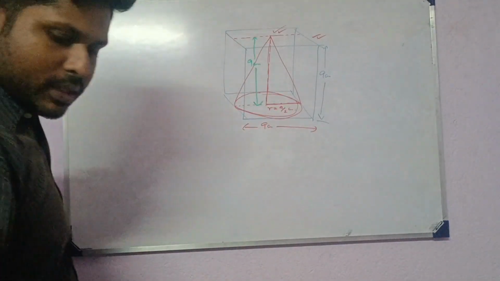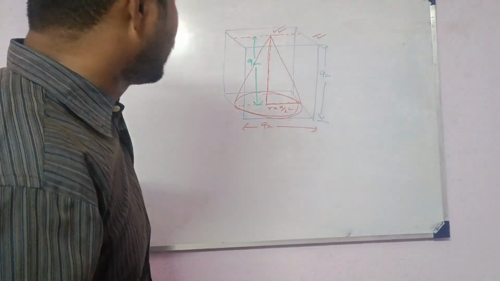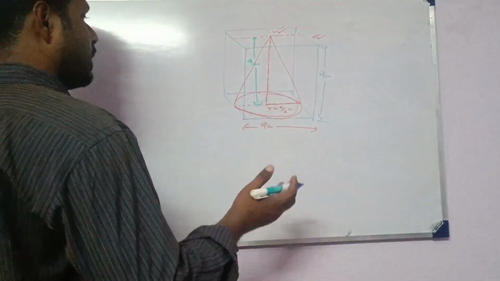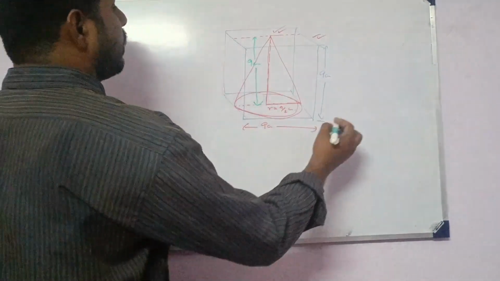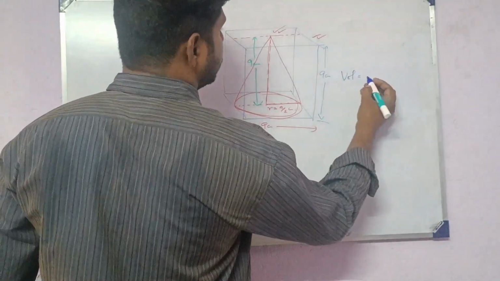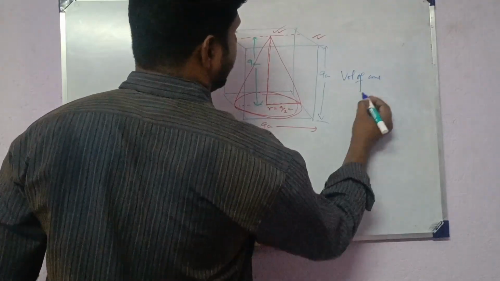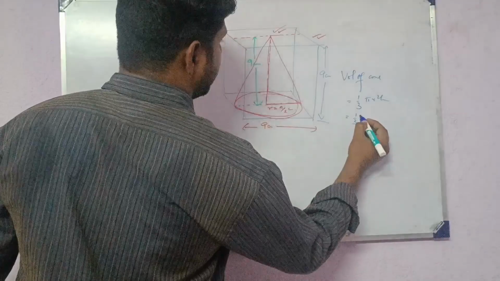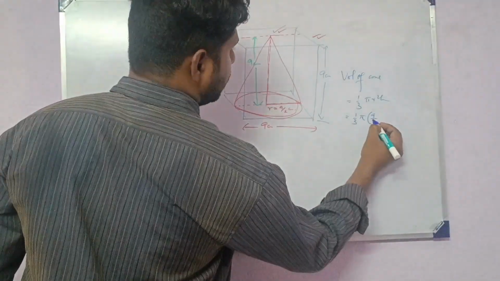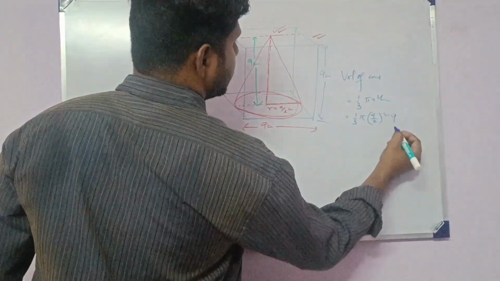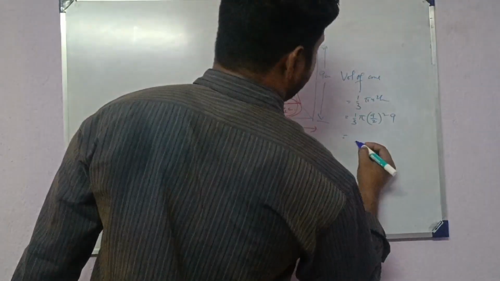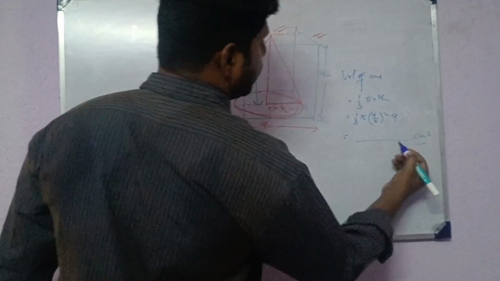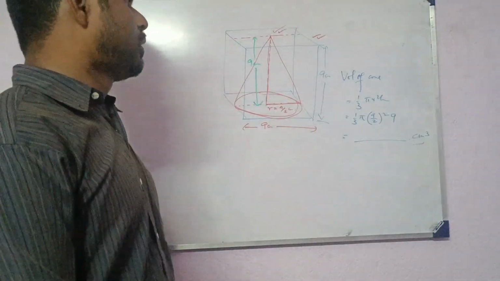To find the volume of the cone we needed radius and height, so we have got the radius and height. Now the volume, therefore the volume of cone equals 1/3 pi r square h, where r is 9 by 2 whole square and h is 9. Calculate this, you will get your volume, and the volume will be in centimeter cube. So that's the end of the second sum.